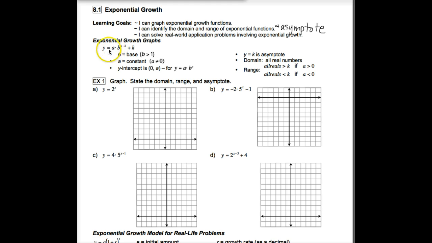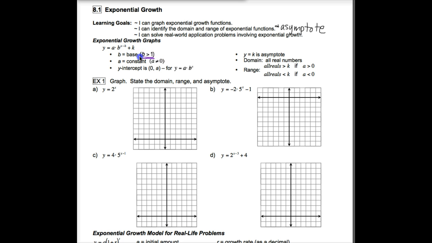So our exponential growth graphs, we had this yesterday when we were exploring the exponential graphs in general. So we've got a times b raised to the x minus h and then plus k. If this is exponential growth, the part that makes it exponential growth is the fact that your b, your base, is going to be greater than 1.